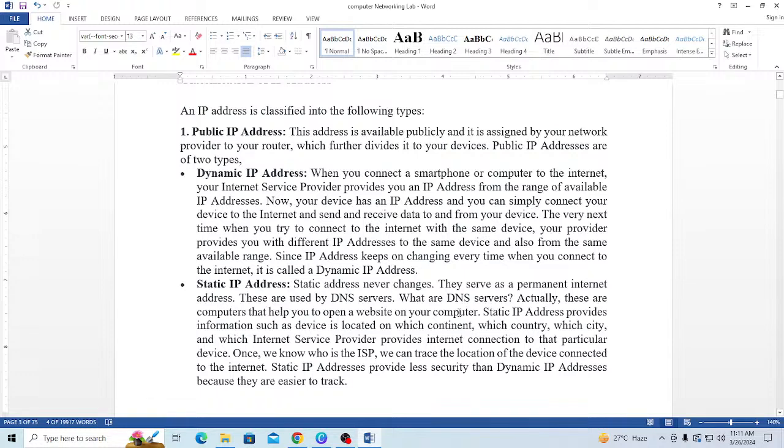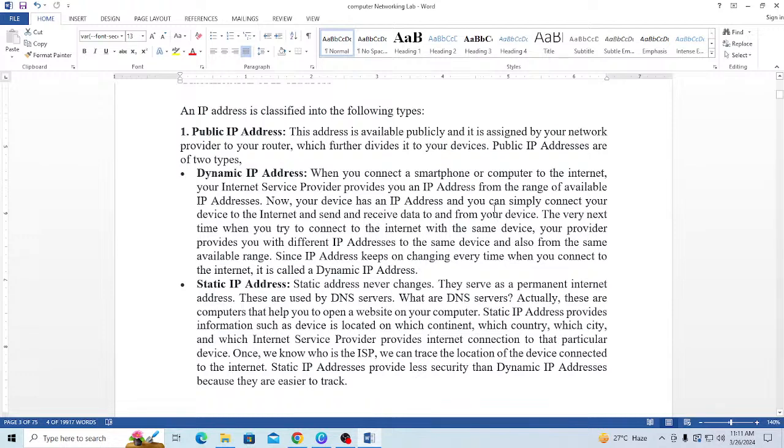That means the IP address is fixed content. When we are opening a particular website such as Osmania University, Colombo University, Kakatiya University, they mention a fixed address from source to destination. Like that, we are also using dynamic IP address.